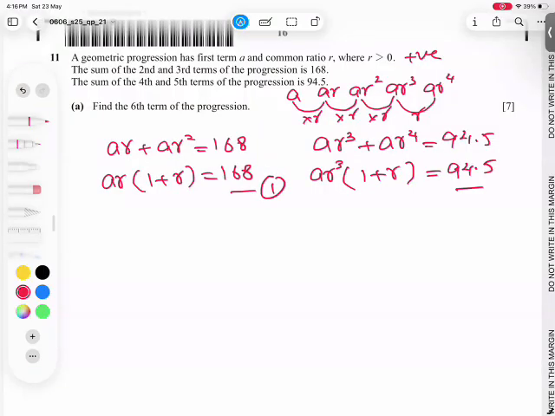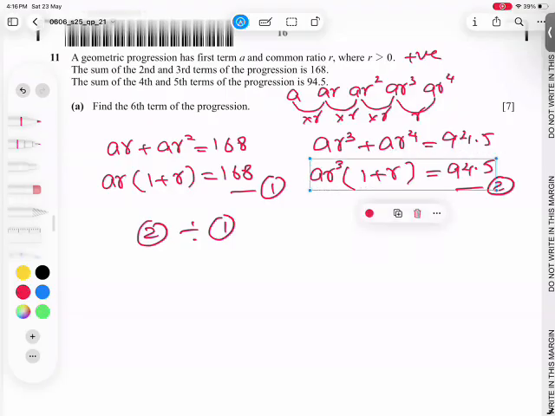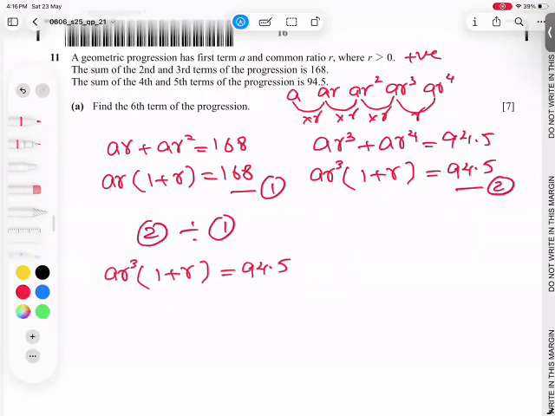Equation 1, equation 2. If I divide 2 by 1, what happens, students? I'm just showing you 2 by 1. This is the second equation. I divide them.